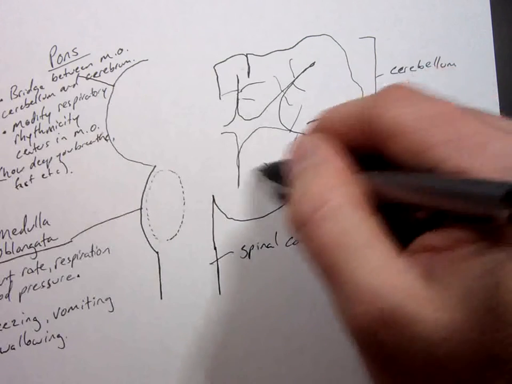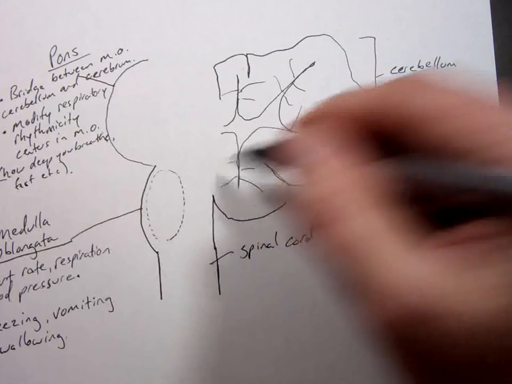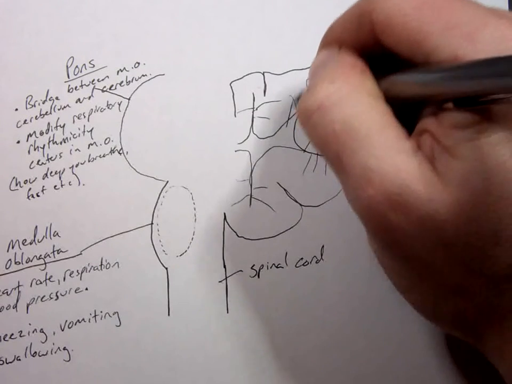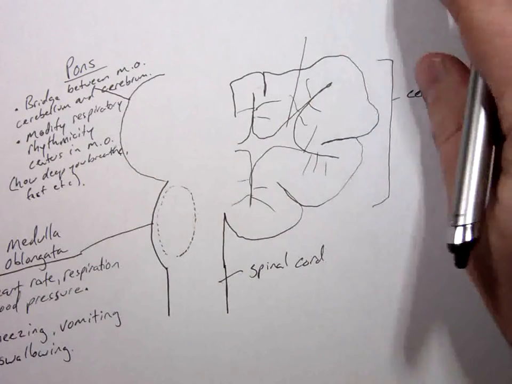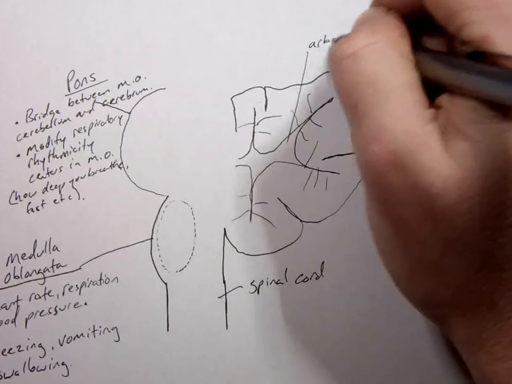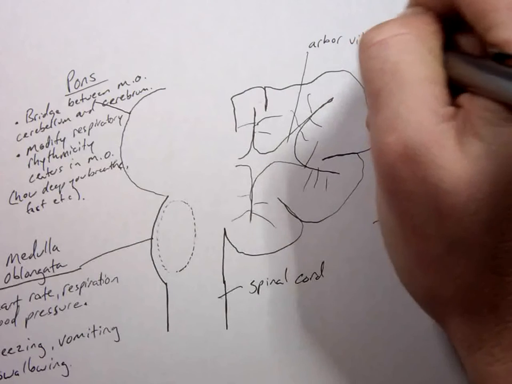And it looks a lot more tree-like than I've drawn here because I'm not a great artist. Somebody thought it looked so much like a tree that they called it a tree. Arbor vitae. Yes. The arbor vitae, which means tree of life.